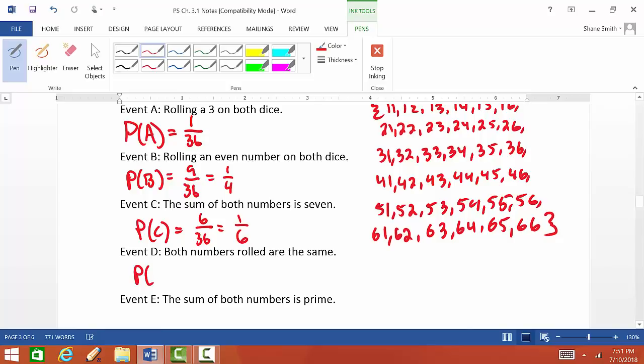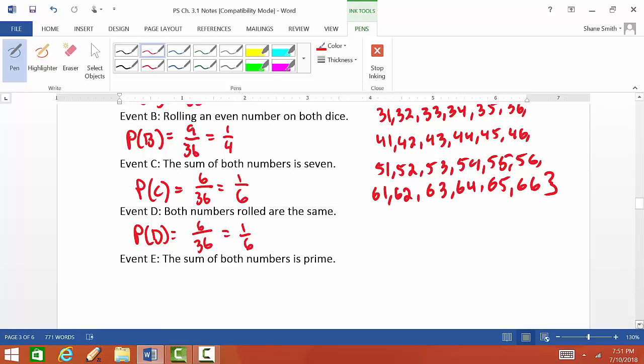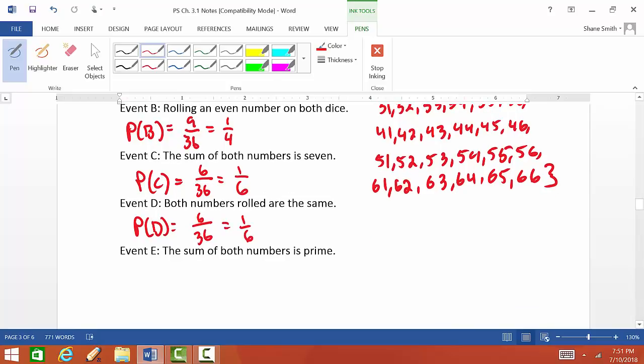Probability of event D, both numbers rolled are the same. And the sum of both numbers is prime. This one's a little tricky, so to kind of write it out for you, the only numbers you can get that are prime when you add them together are 2, 3, 5, 7, 11.